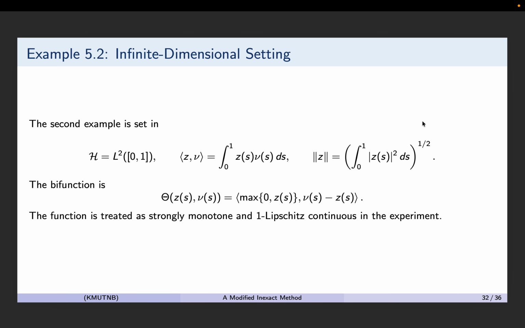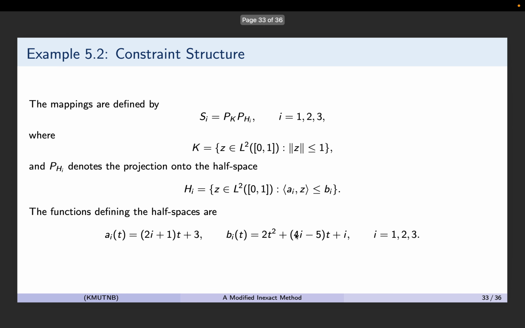For the infinite dimensional setting, we consider this setting where we define the inner product to be like this and the norm to be this, and we define the function to be given by this. This function is already established as strongly monotone and 1-Lipschitz continuous.